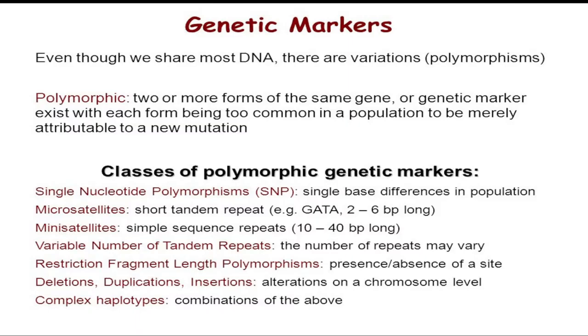Minisatellites, simple sequence repeats, are from 10 to 40 base pairs long. Variable number of tandem repeats: there are many repeats and the number may vary. Restriction fragment length polymorphism: presence or absence of a site. Deletion, duplication, insertion are alterations at the chromosome level. And complex haplotypes are a combination of the above.